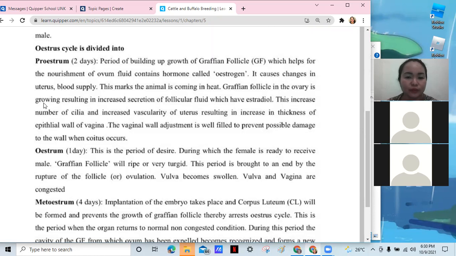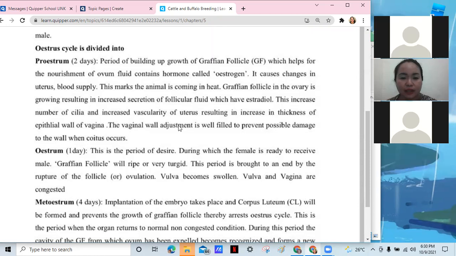And this Graafian follicle in the ovary will grow and increase secretion of follicular fluid, which has estradiol, which will increase the number of cilia and increase vascularity of the uterus, resulting in increased thickness of the epithelial wall of the vagina. Then the vaginal wall is well filled to prevent possible damage to the wall when coitus occurs.